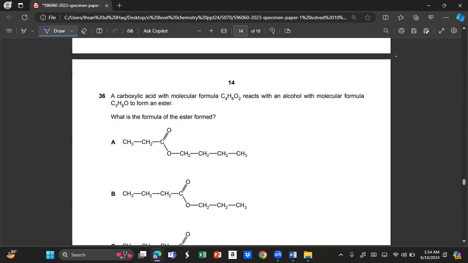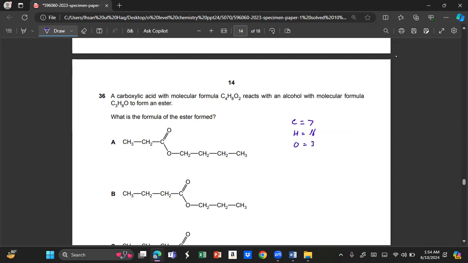So first of all, we need to see which structure contains the total carbon present in the alcohol and carboxylic acid. In the carboxylic acid, we have four carbons. In the alcohol, we have three carbons. Altogether, we have carbon 7, hydrogen 16, and oxygen 3.